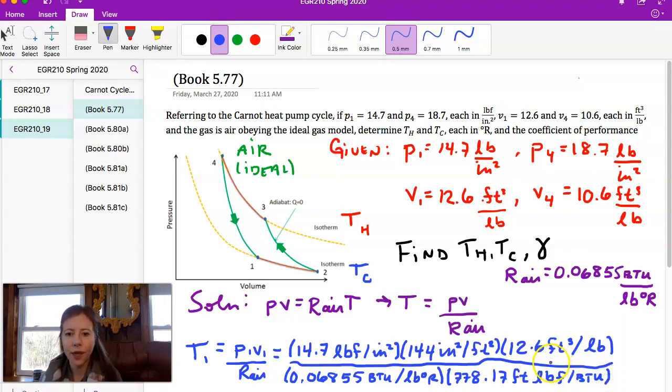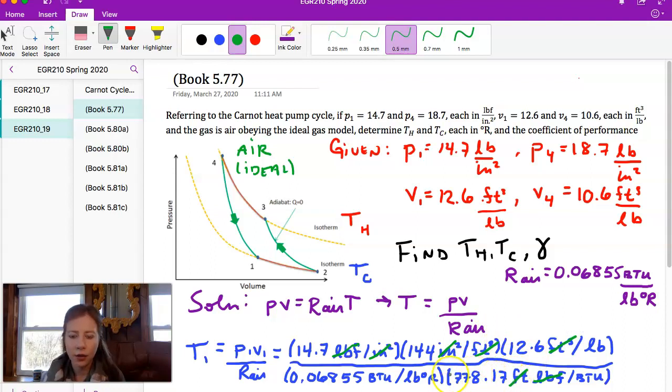Okay. And so let's go through and check our units. We'll do a little dimensional analysis here. We have a pound force up here, and we're dividing by a pound force down here. We have our inch squared, and we have a foot squared here that we're dividing by. We have a foot cubed here that we're multiplying by, so we're left with a foot, and then we're dividing by a foot, so all the feet cancel out.